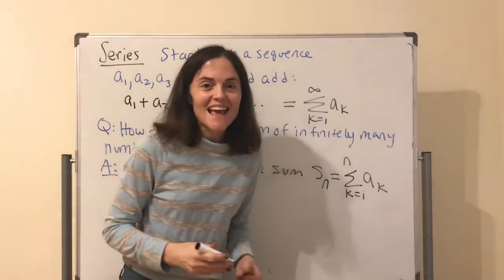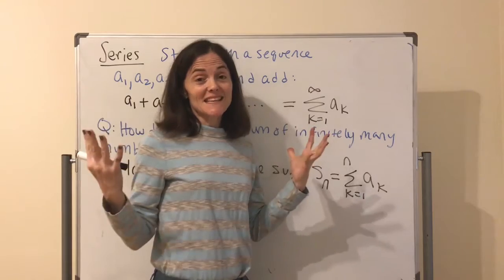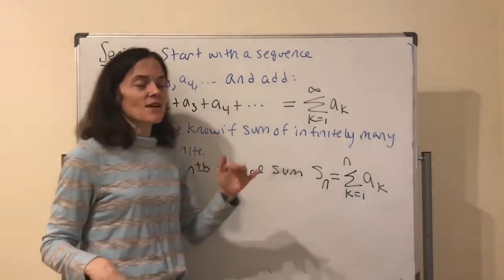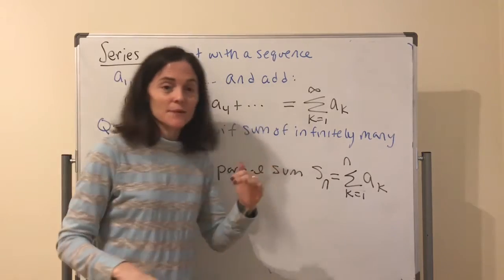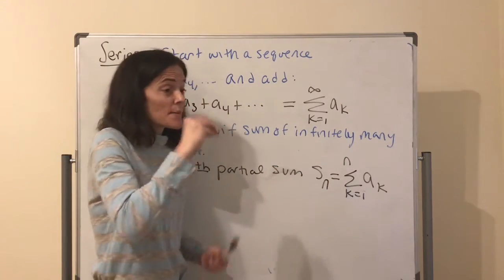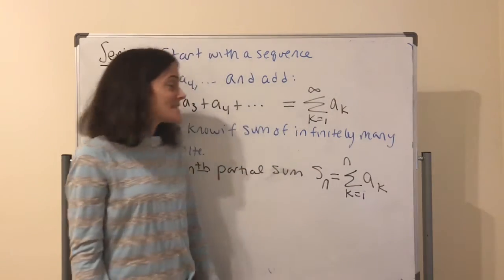Now, I will say there's no reason you need to start with 1. Just like with sequences, you don't have to start with 1 here. We can start at 10. We can start at 100. You can start at 0, minus 10, whatever. Start at some integer, and then you keep on marching up, add them all up. This is a series.